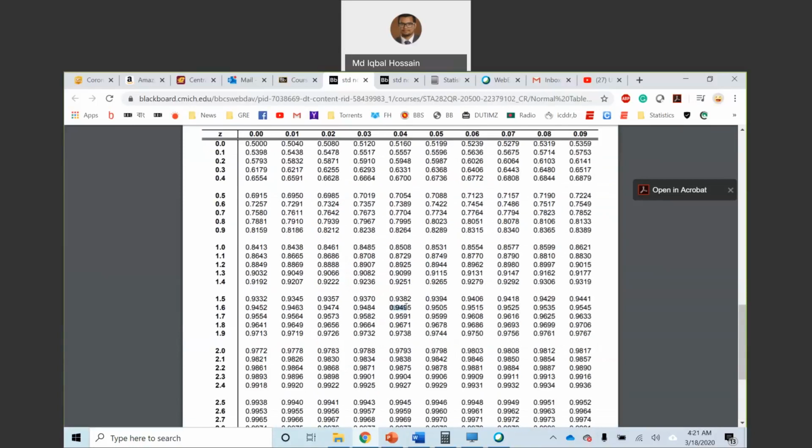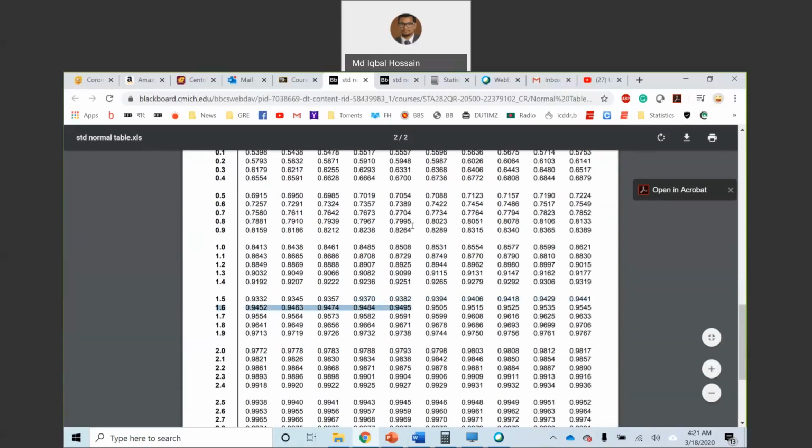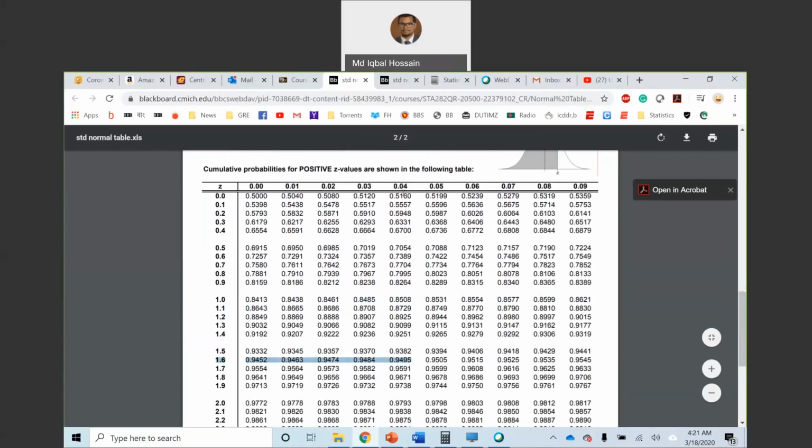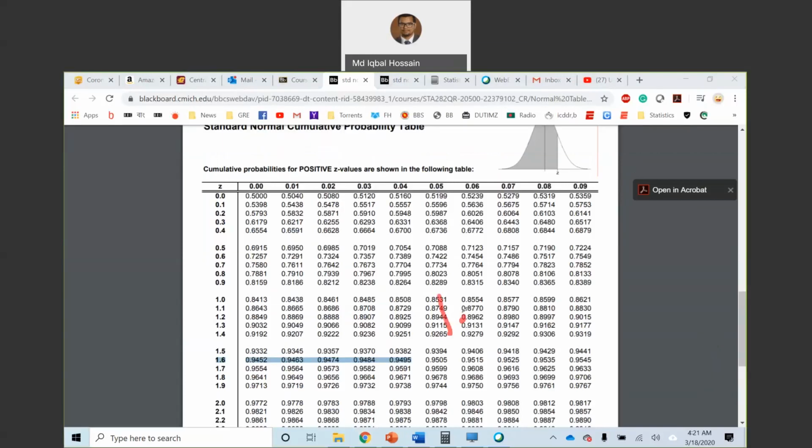It's pretty close to 0.95, and that one is also pretty close. So let's take the first one. For that one we have this point which is 1.6, and on that side we have 0.04. That means we are taking the point here, which would be 1.64.